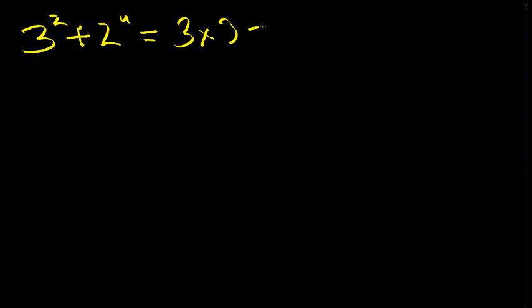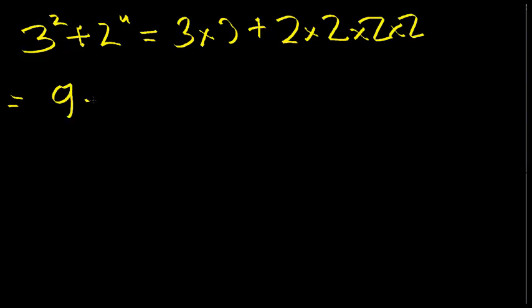If we do that same thing for the next exponent, we're going to be using the number 2, and we write down the 2 four times: 1, 2, 3, 4, and it's going to be a multiplication problem. And then we would just solve it. 3 times 3 would be 9, 2 times 2 would be 4, 4 times 2 would be 8, 8 times 2 would be 16, and then we would just add and get the answer of 25.